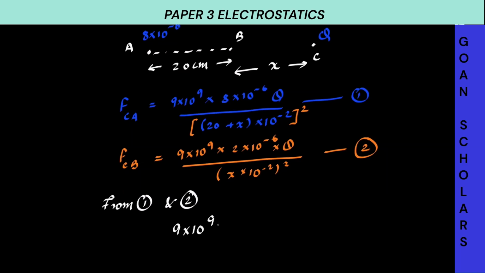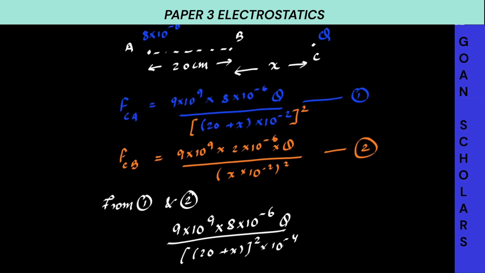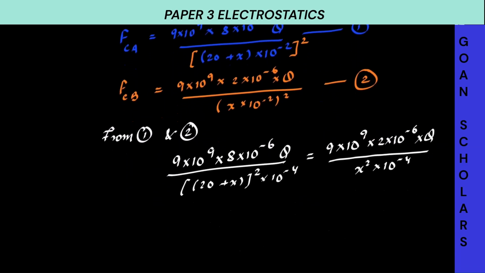We can write 9 × 10^9 × 8 × 10^-6 × Q, whole divided by (20 + x) whole square, with 10^-4 taken outside. This 10^-4 comes from (10^-2) whole square. It equals 9 × 10^9 × 2 × 10^-6 × Q divided by x square × 10^-4.